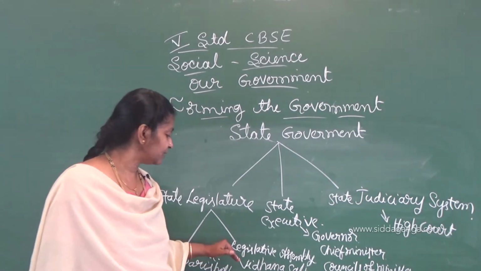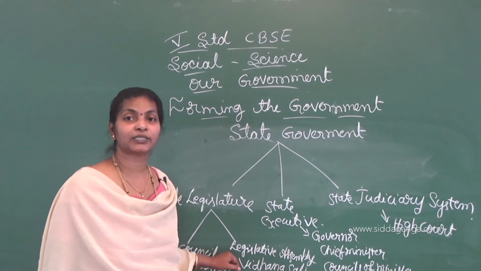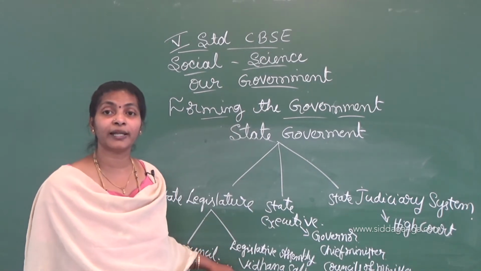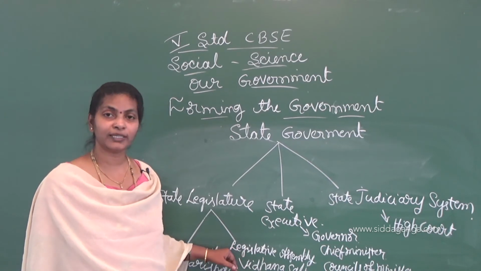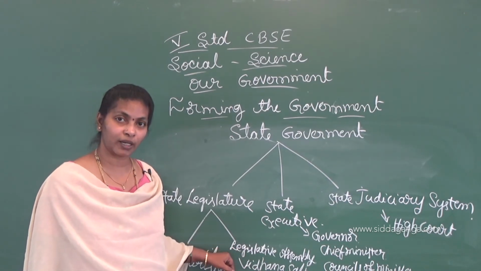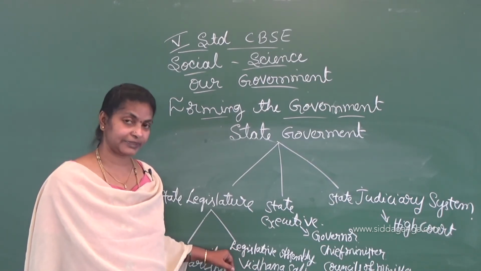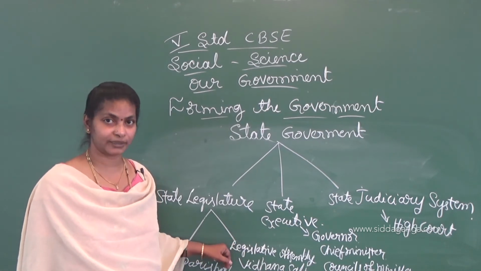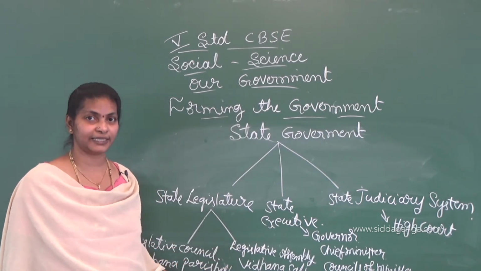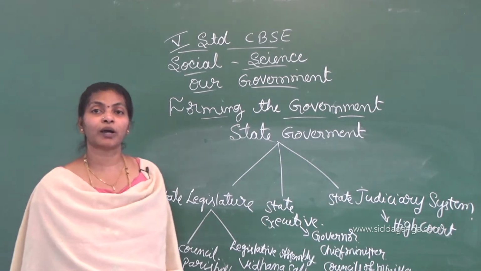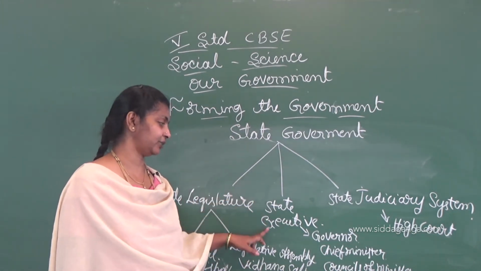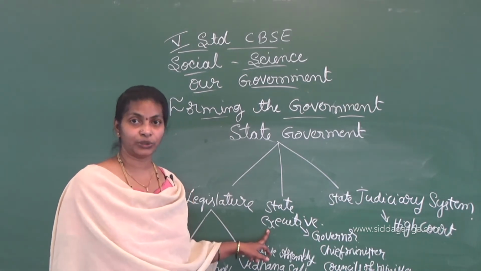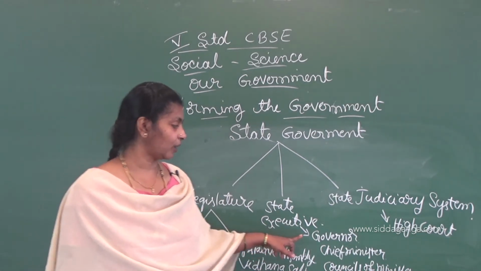This Legislative Assembly is also known as Vidhana Sabha. Vidhana Sabha means Legislative Assembly. This is the lower house. Every state has a Legislative Assembly, but only some states in India have a Legislative Council. Next, the state executive consists of the governor.